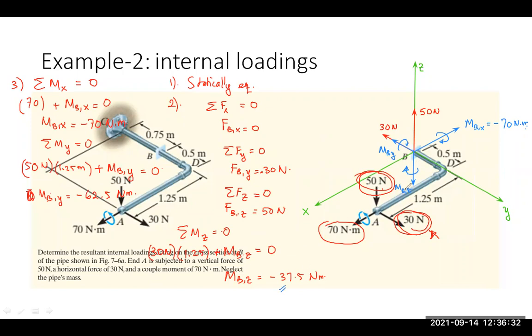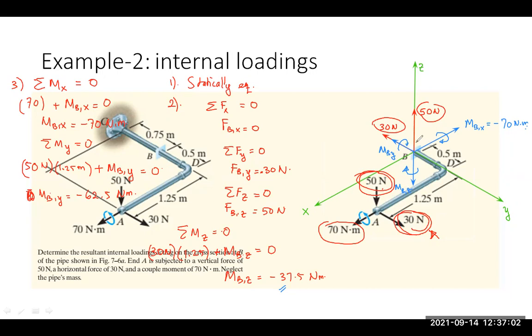So now everything is done, we can obtain the internal loading at point B. To summarize the result, the internal loadings at point B will be this force 30 Newton and 50 Newton in Y and Z direction to oppose the external load here.